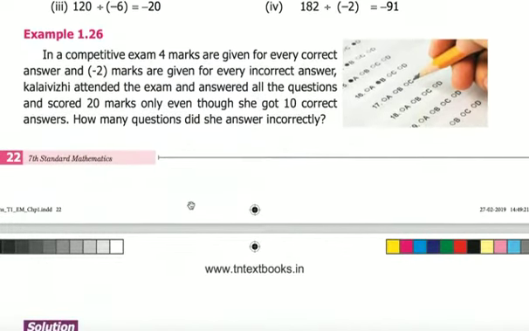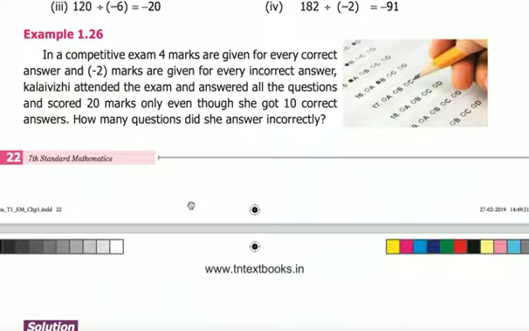In a competitive exam, 4 marks are given for every correct answer. Minus 2 marks are given for every incorrect answer. Kalaivishi attended this exam and answered all the questions and scored 20 marks only, even though she got 10 correct answers. How many questions did she answer incorrectly?